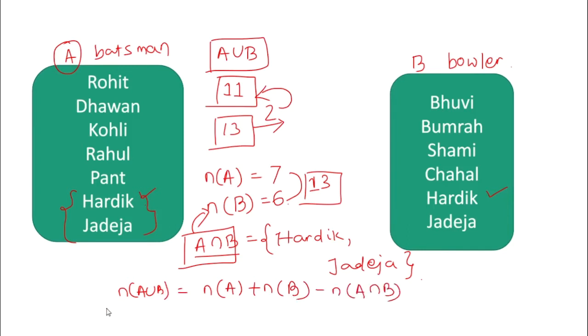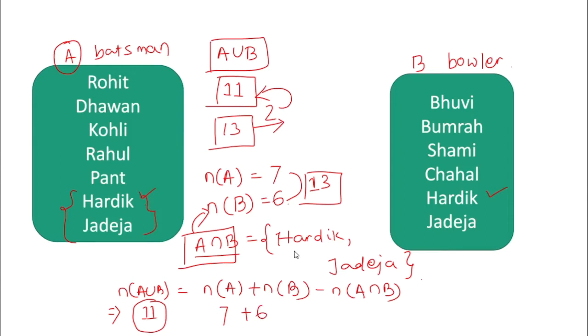Now let's put in the values and find out whether my assumption is true or not. Okay, here as you can see there must be 11 players, that means n of A union B must be 11. Now this is LHS. Now count the RHS part. The number of elements in A is 7 and the number of elements in B is 6.